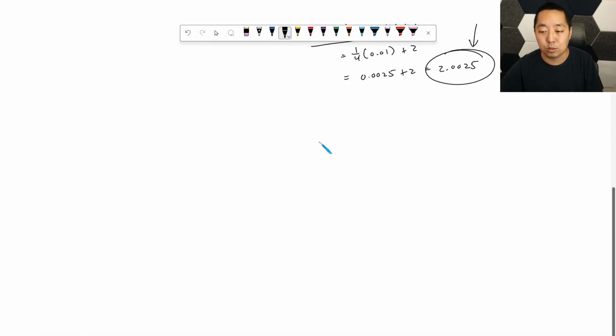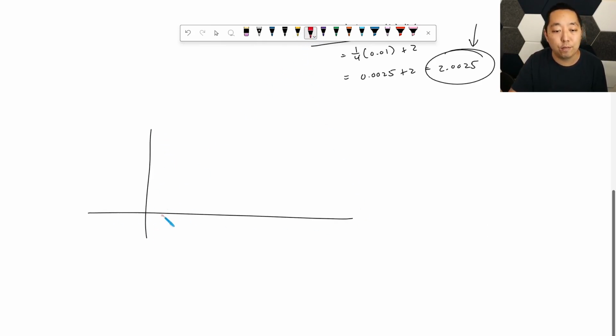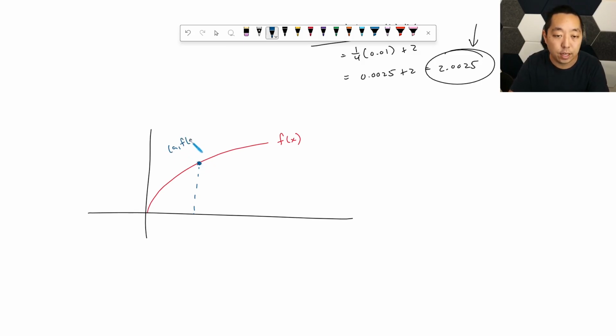So just to summarize, what we're doing is we're saying we have a function and I know a value here, like I know a point here. Okay, we call it a and f of a.